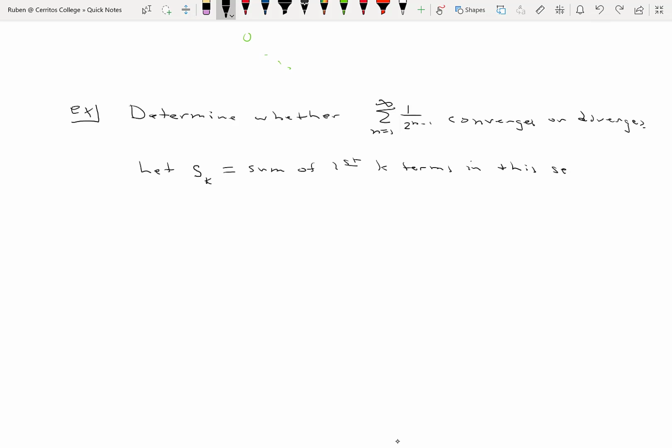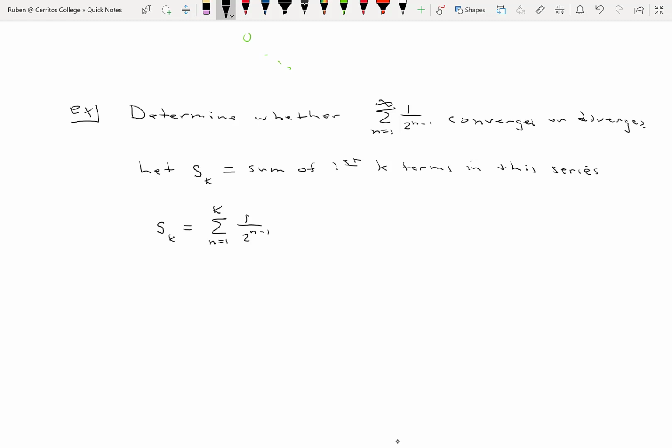I've made a mistake a couple times, it's very common, interchanging the words series and sequence. So S sub k is the sum of the terms in the series 1 over 2 to the n minus 1, as n ranges from 1 to k.